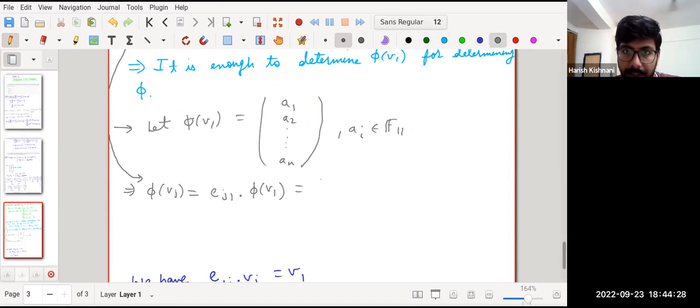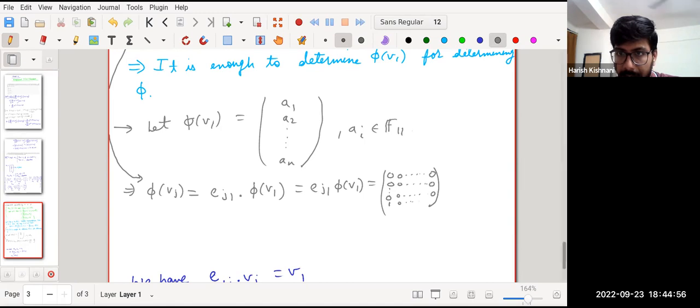It is 0 everywhere except at the j1 place, where you will have some 1, and then again this string of 0 rows will continue.